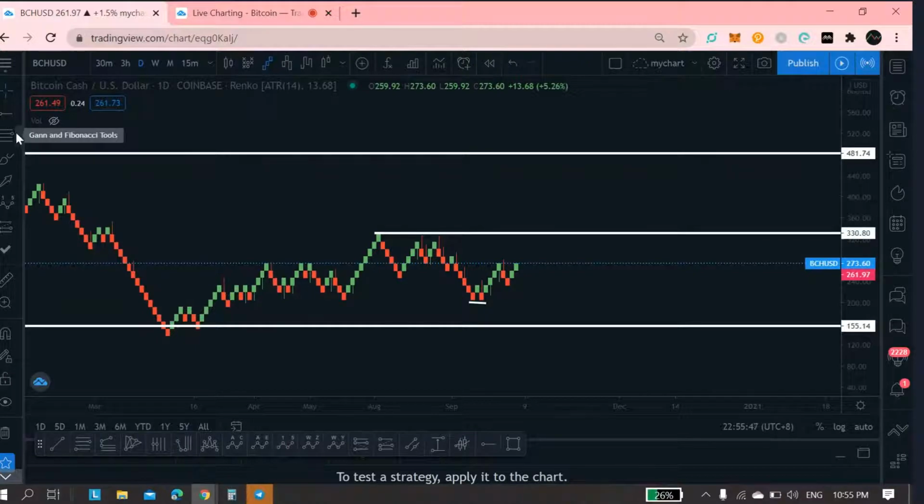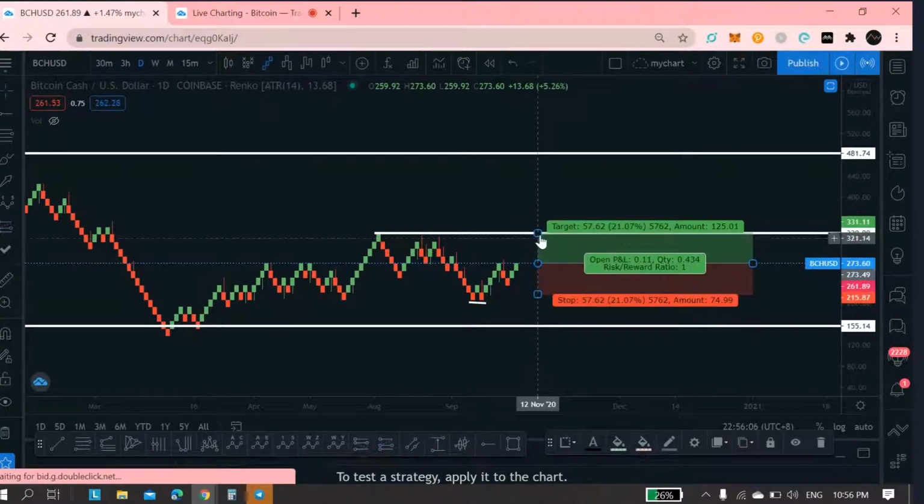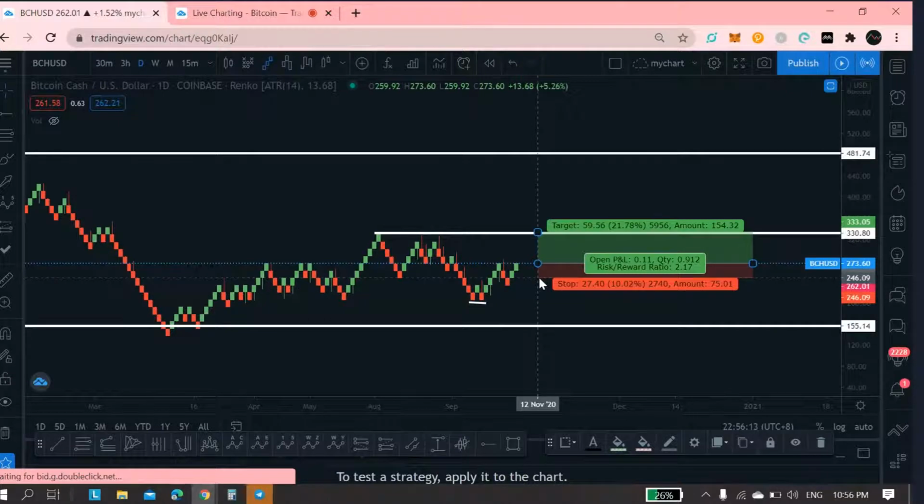So yeah, I think that's it. Just alarm it at 274, and if it alerts you, then possibly I will go long. So let me check if that happens. What's the low of this one?